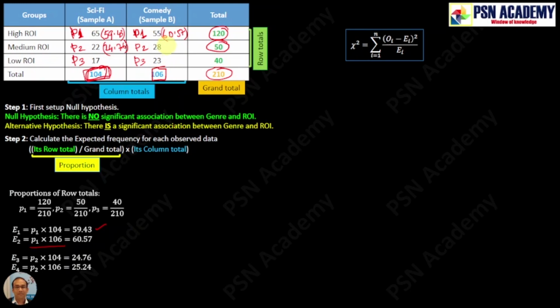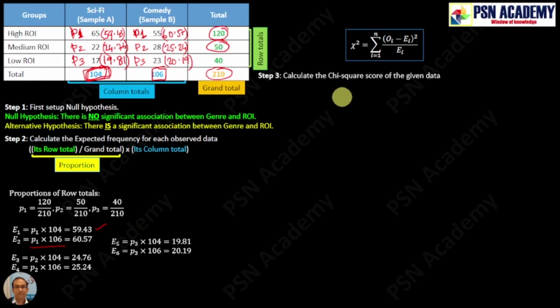So if you multiply that, then you will get 25.24. Similarly, for E5, E5 is dealing with 17. 17 is in row 3. So you multiply this P3 with 104 and you will get 19.81. And in case of 23, it is 20.19. So you have got all the expected frequencies for each observed data.